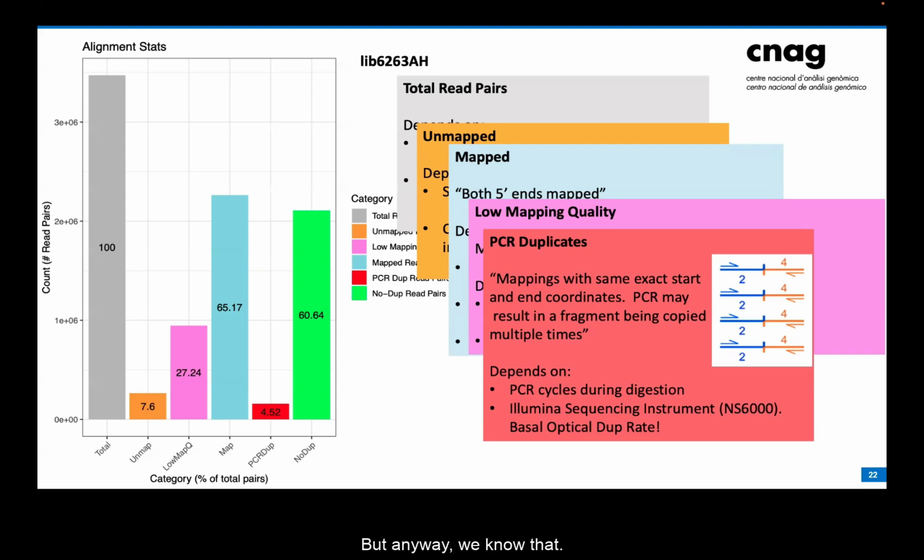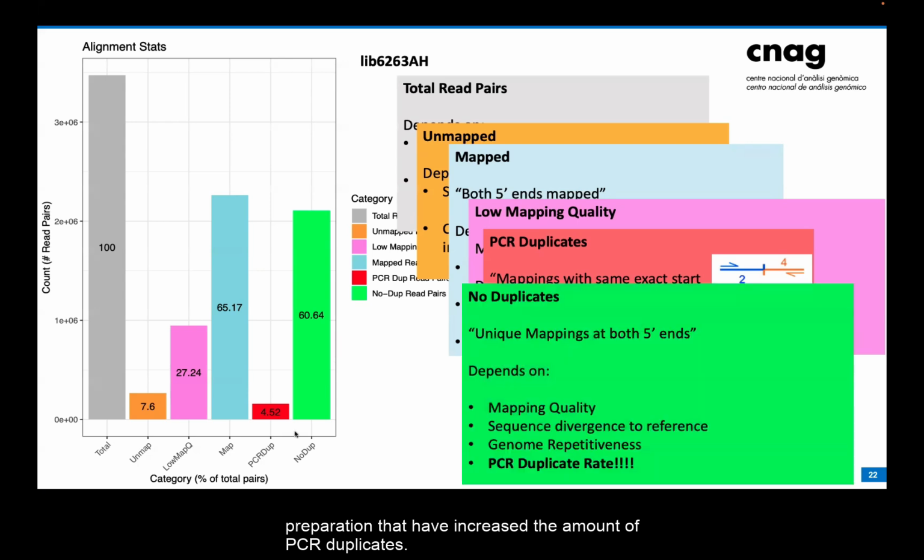But anyway, we know that, but we still think that when this number is high, it's mainly due to problems during the Hi-C library preparation that have increased the amount of PCR duplicates. Okay.